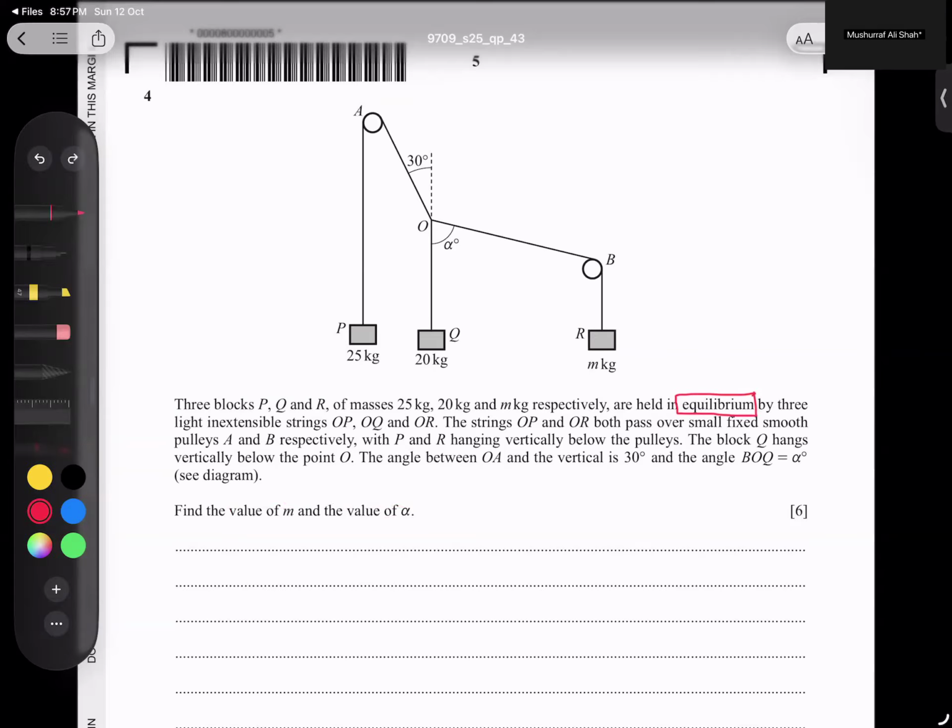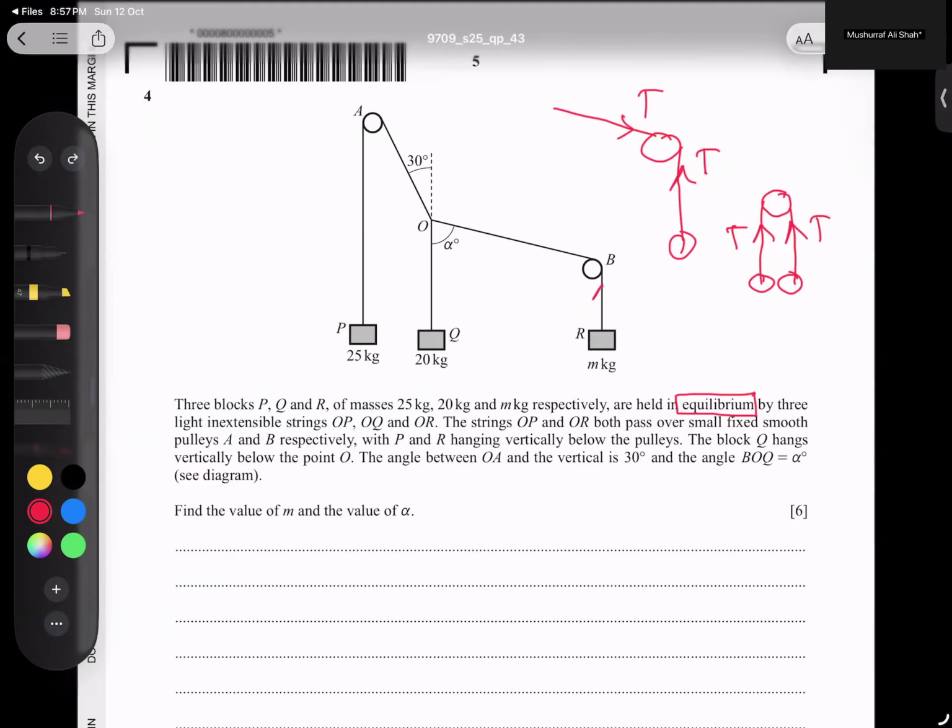Before I start, I always give this example to understand whenever we have this kind of pulley and two vertical particles hanging: the tension is always towards the pulley. If I remove the pulley from the middle, the tensions are towards each other. Even if the pulley is this way, with one particle hanging here and one particle here, again the tension will be equal on both sides. So the same situation we have here.